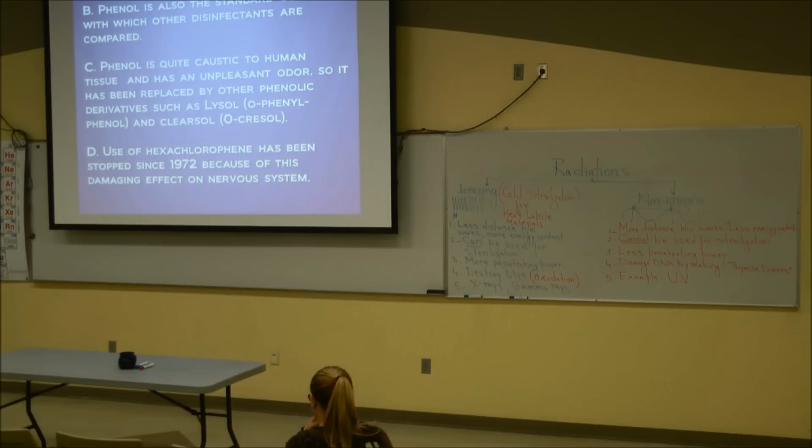There was another chemically modified version of phenol called hexachlorophene. This chemical had been used extensively in the United States until 1972. It was one of the ingredients in the soap that was used to bathe all the babies born in the United States until 1972.